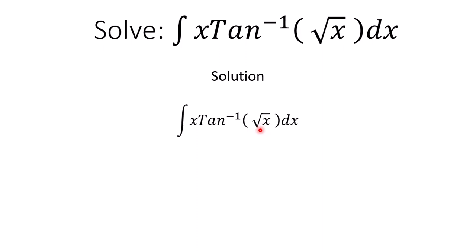When the square root of x is there, it scares some of us. You can apply the DI method, but when you choose to differentiate this one, you will not only differentiate the tangent alone, but you differentiate the tangent inverse of square root of x, which means this square root of x is also going to be differentiated.